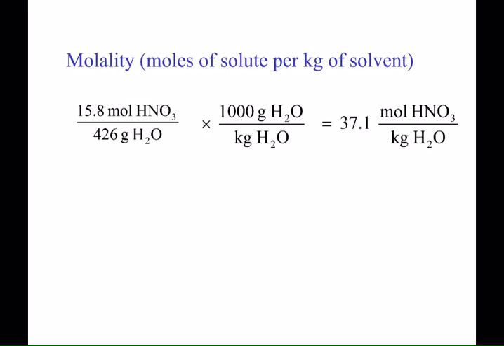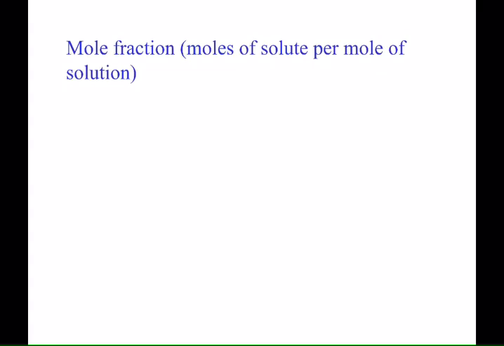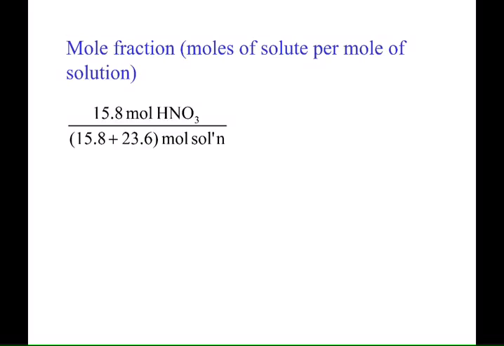Last one is mole fraction. So we're going to take the moles of nitric, 15.8 moles, divided by the total moles. That's 15.8 plus the moles of water, which was 23.6. It's funny how the nitric was more mass in weight percent, but it's less in mole percent, isn't it?